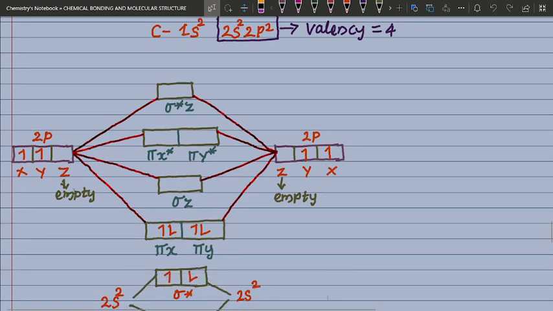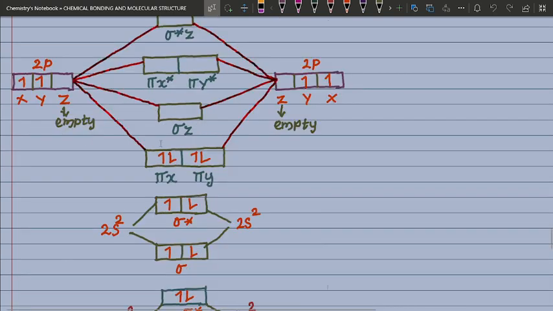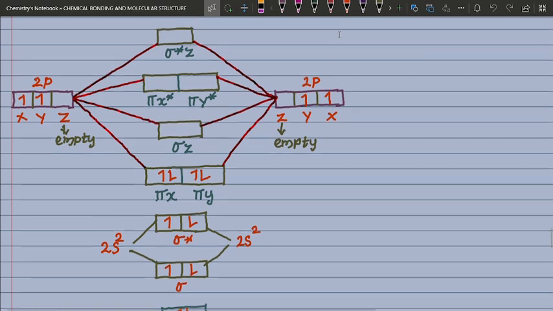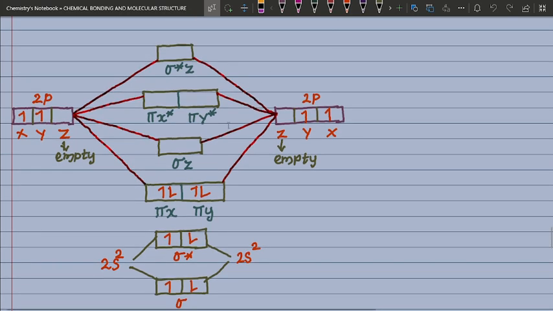See the diagram for the carbon molecule.